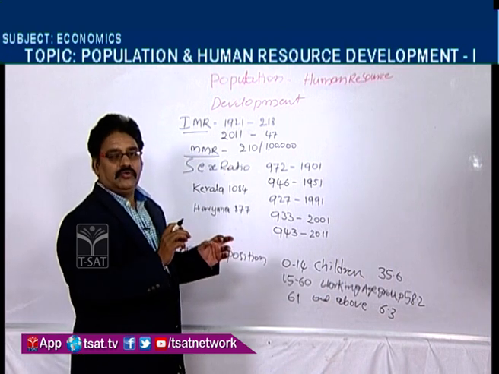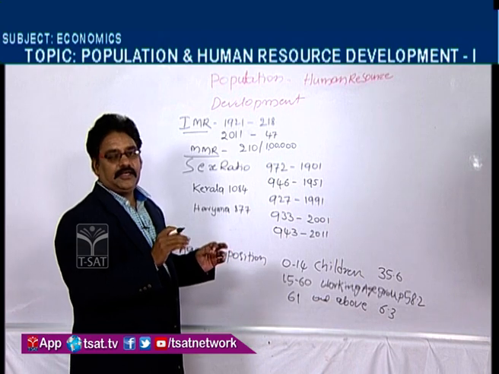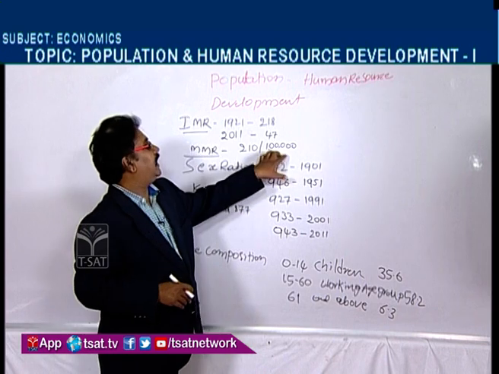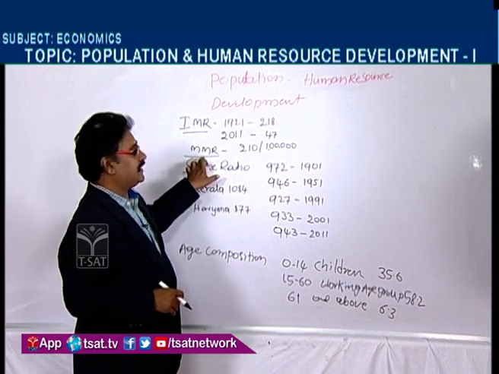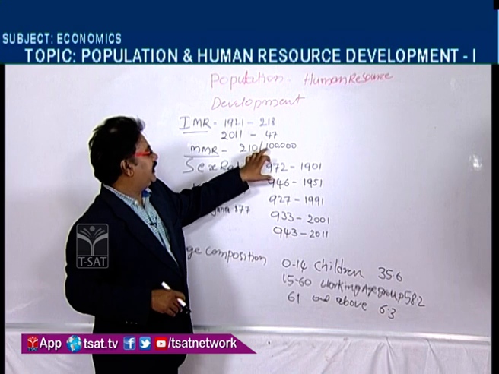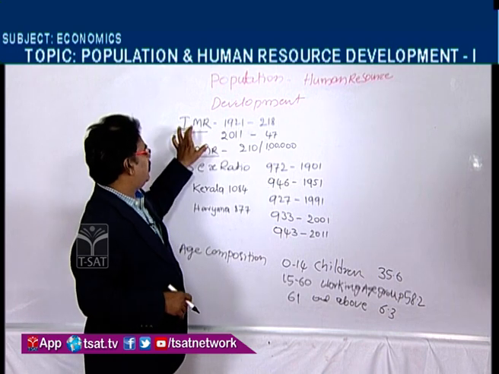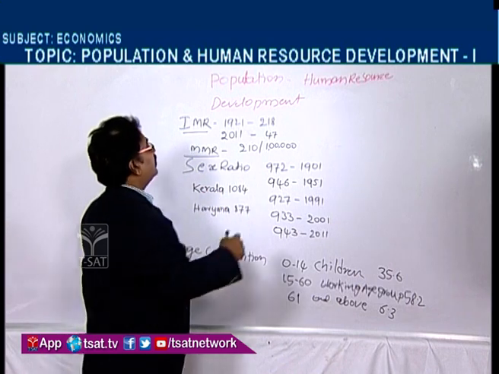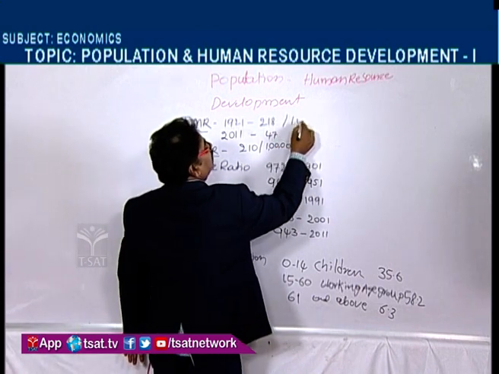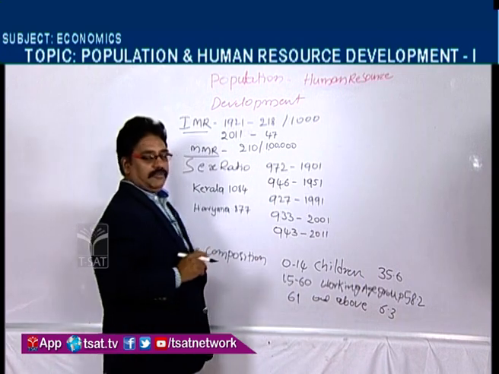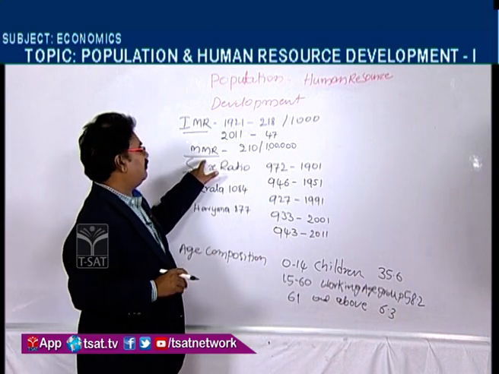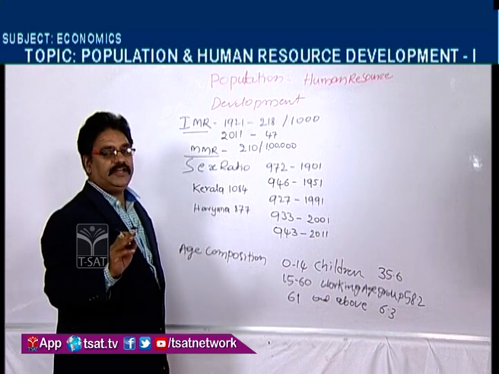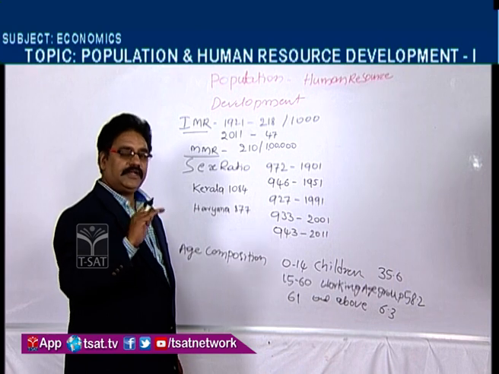We calculate MMR for 1 lakh, and except for this indicator, everything else, IMR, death rate, birth rate, is calculated for every 1,000.